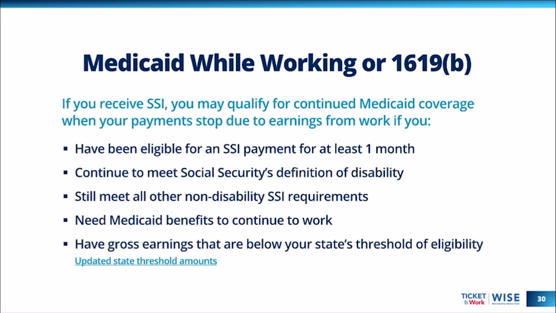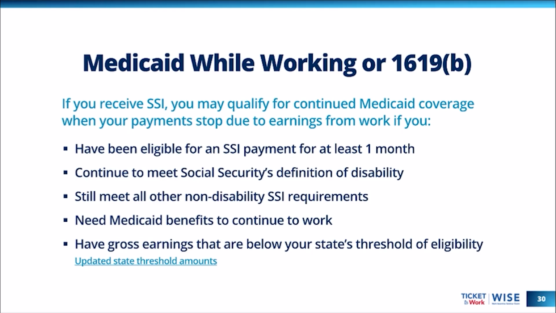Now I told you about New York's threshold. New York is a very generous state. If you have an earnings level of $2,500, you might not have a higher resource level. That's up to the state to change in their 1619B program, but a lot of states do.